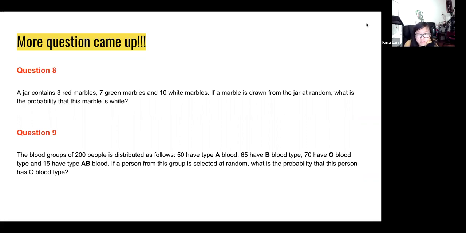If a marble is drawn from the jar at random, what is the probability that this marble is white? There are 10 white marbles, right? The probability that you would draw a white one would be the number of white marbles out of the total number of marbles, which is 20. So that would be 10 over 20, or 1/2, which is 50%.